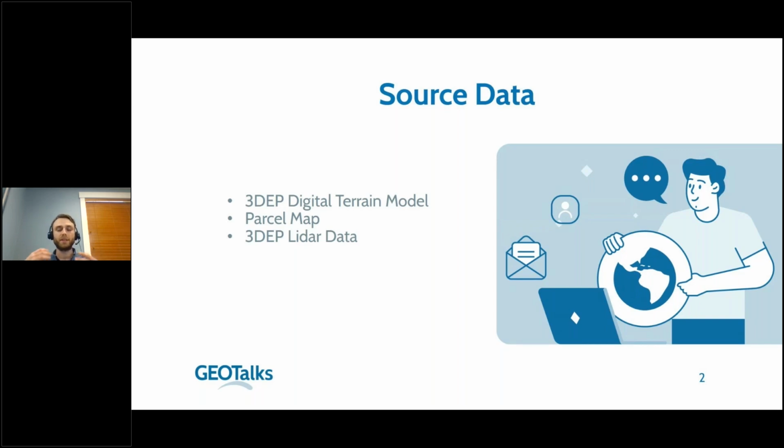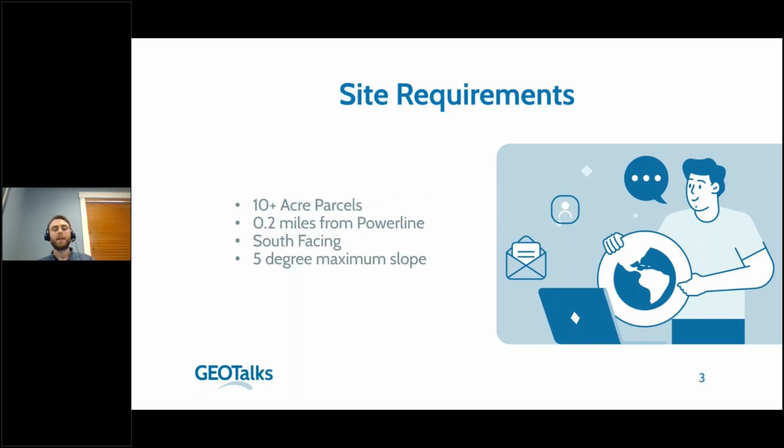So again, yes, we're using this publicly sourced data, and what we're going to do is use this data to identify the parcels that meet a specific set of site requirements. Now, these site requirements include at least the parcel size being 10 or more acres.